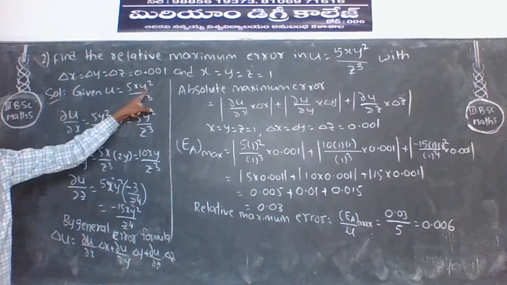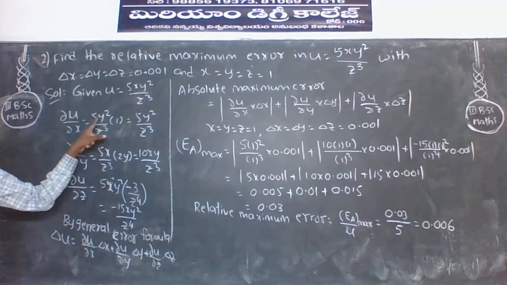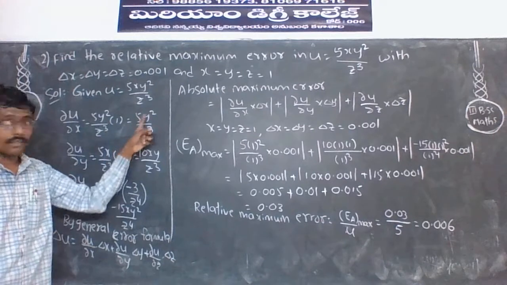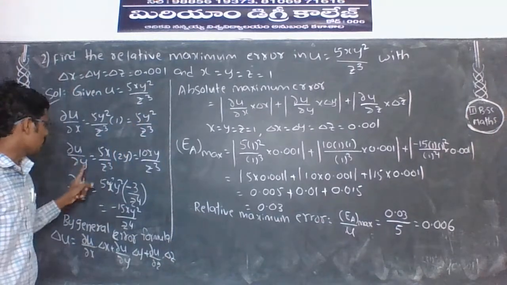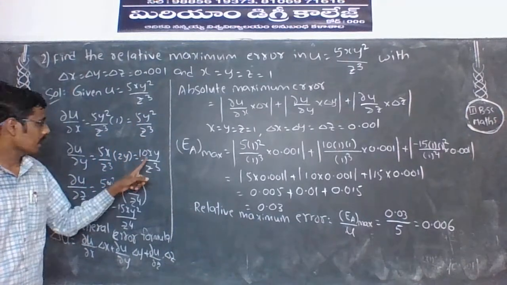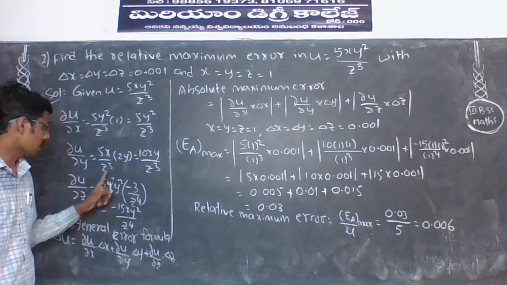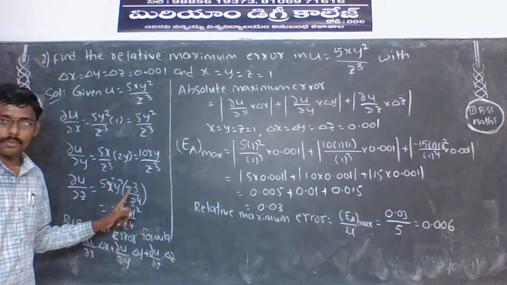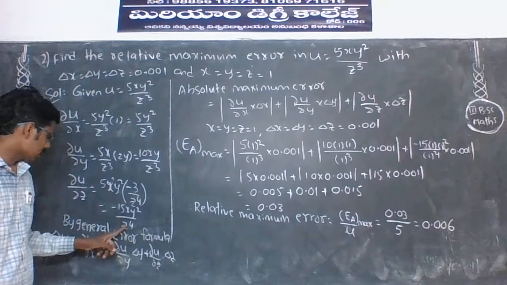Given u is equal to 5xy square by z cube, dou u by dou x is 5y square by z cube, x value 1. Next, dou u by dou y is 10xy by z cube, dou u by dou z is minus 15xy square by z power 4.